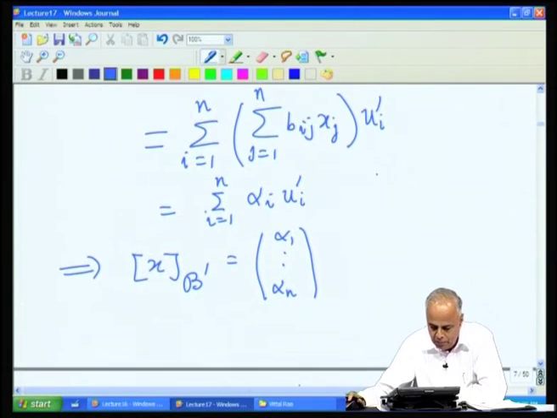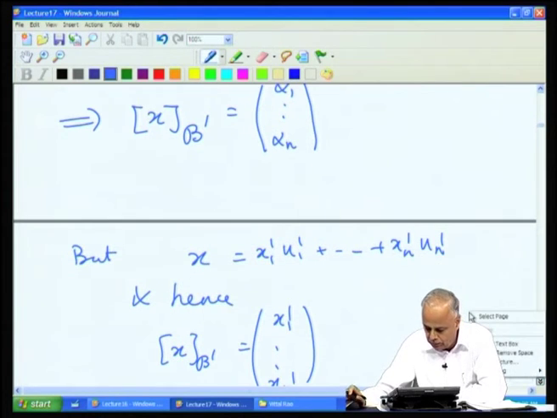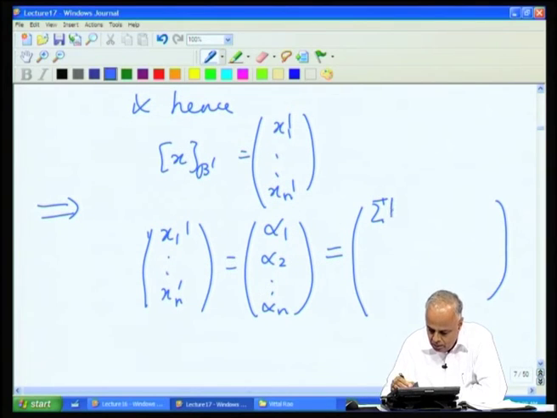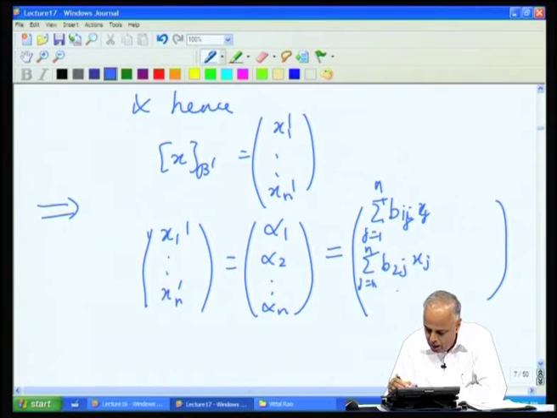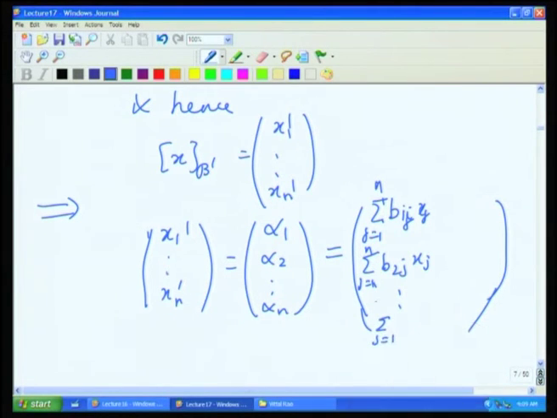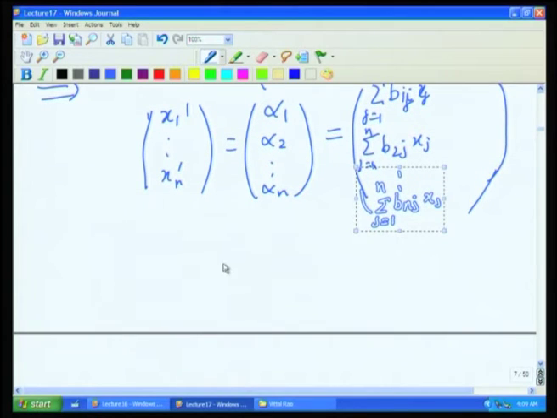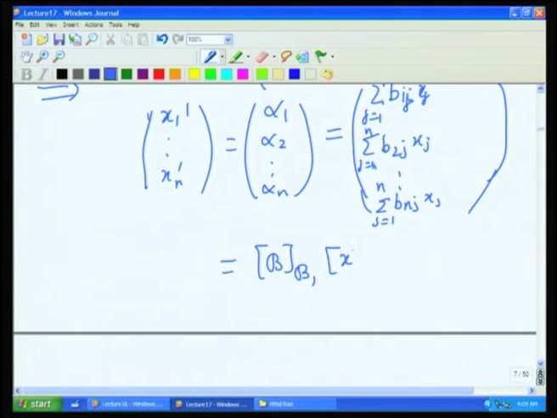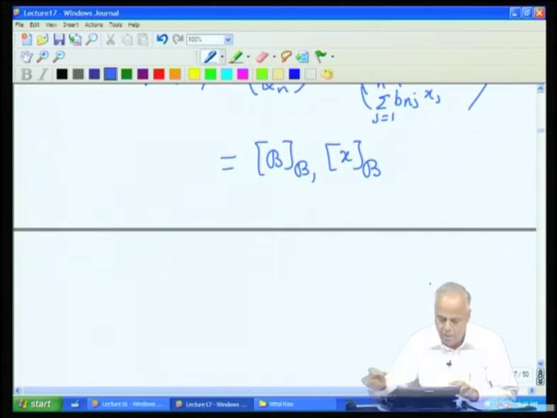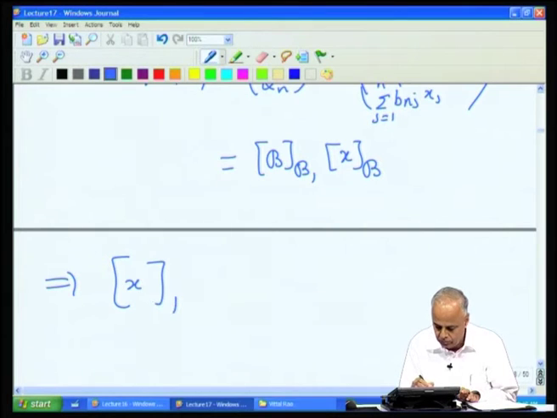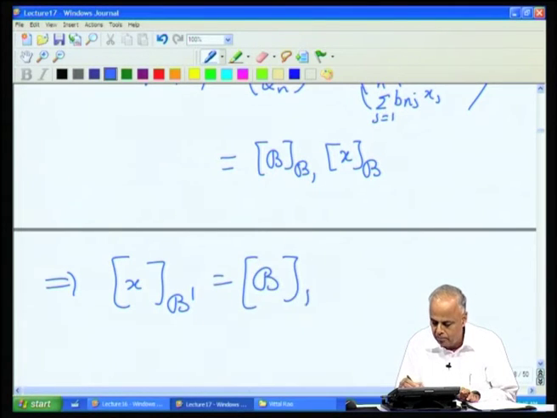If you look at this, it will be the sum over j equal to 1 to n of B_1j x_j, the sum over j equal to 1 to n of B_2j x_j, and so on, the sum over j equal to 1 to n of B_nj x_j. This is simply the product of the matrix B_B' and x_B. So, thus we get x_B' is B_B' times x_B.